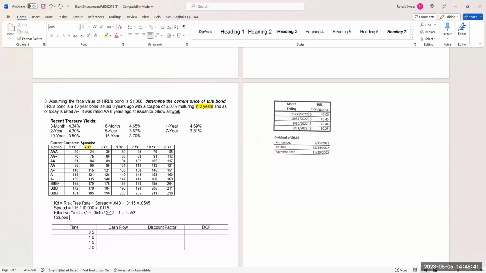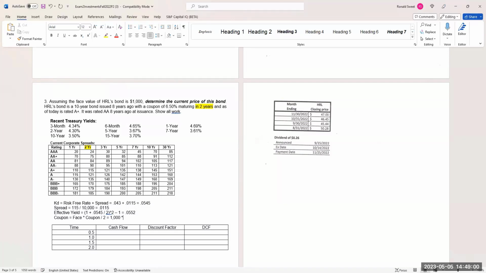The coupon is going to equal the face times the coupon divided by 2, so $1,000.